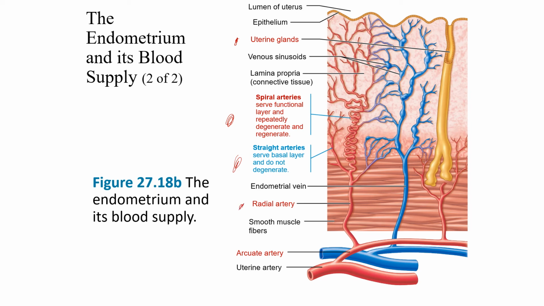The radial arteries are in the myometrium, the straight arteries are in the basal layer, and the spiral arteries are in the functional layer. And it's the spiral arteries that repeatedly grow and die, regenerate and degenerate.